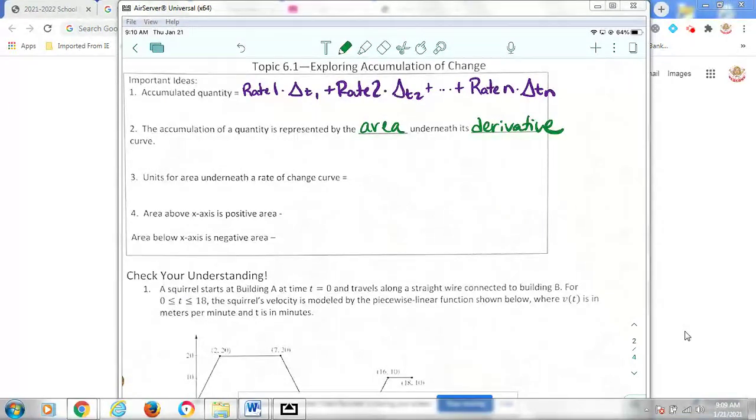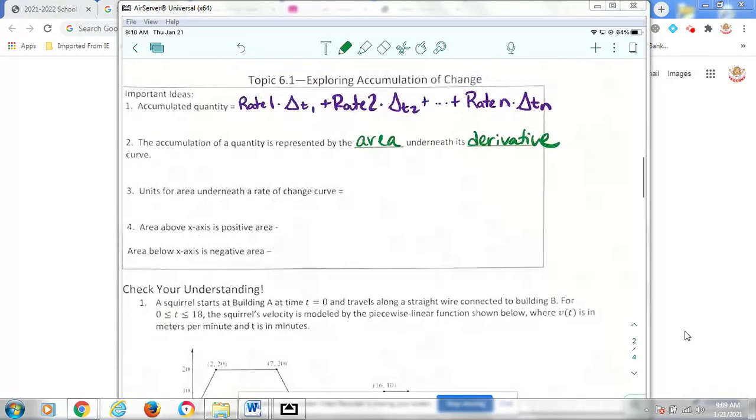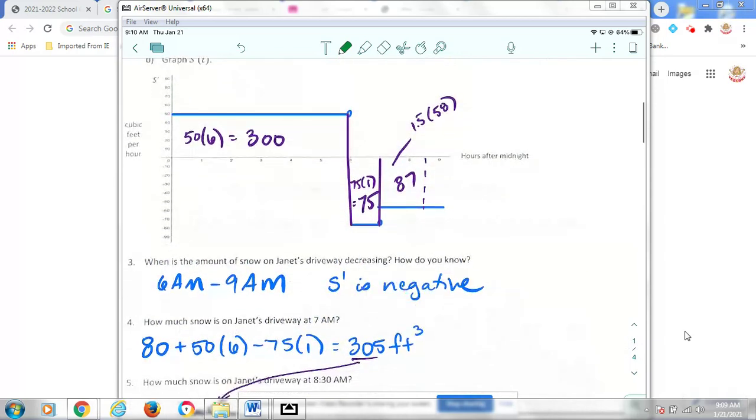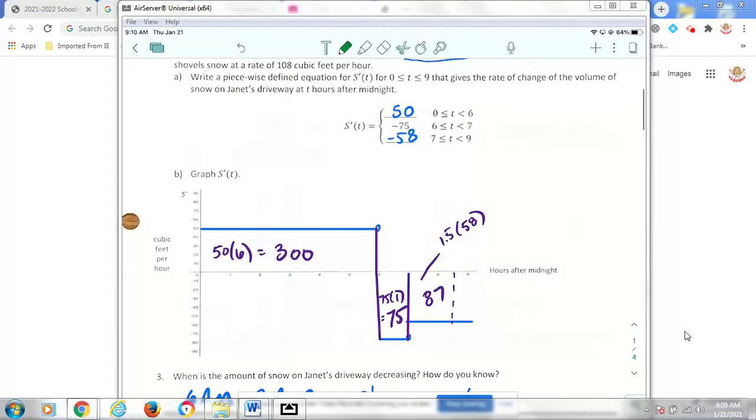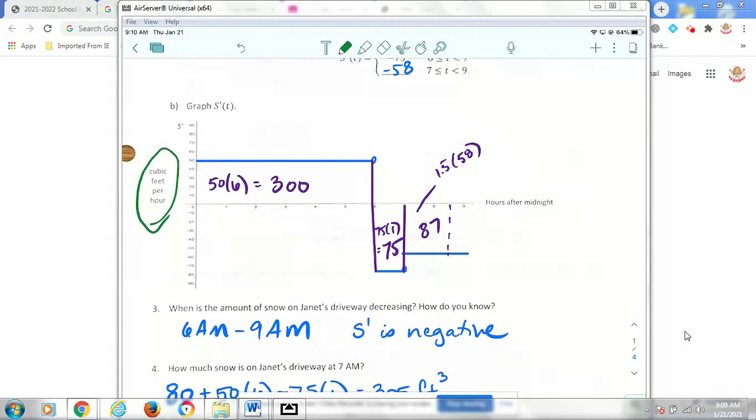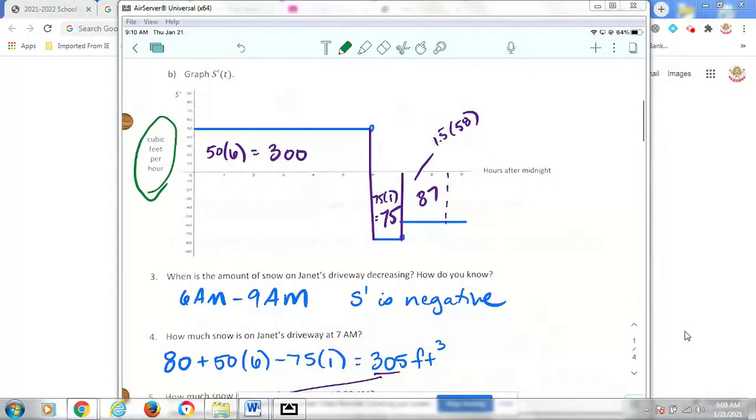So if we're wanting to add up snow or we're wanting to add up distance or whatever, we can find the areas under the derivative curve and it will give us that. Now, one thing we do need to know is the units. So on this one, our unit for the derivative curve was cubic feet per hour. And then when we added our areas, we got cubic feet, because what we did is we multiplied that cubic feet per hour by hours.